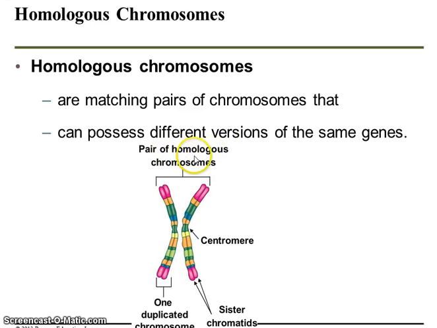Homologous, homo, same. So they're the same chromosome, chromosome number 1. They have all the same genes, so they code for the same things: your eye color, your skin color, your blood type. But they can have different versions. So one side could say you get A blood, the other could say you get B blood, for example.